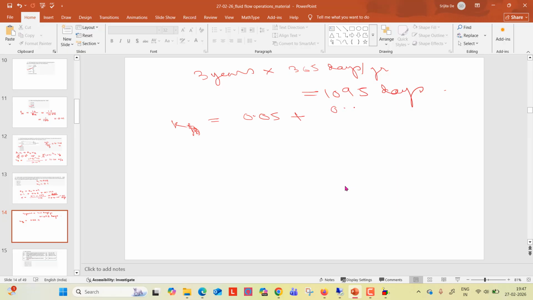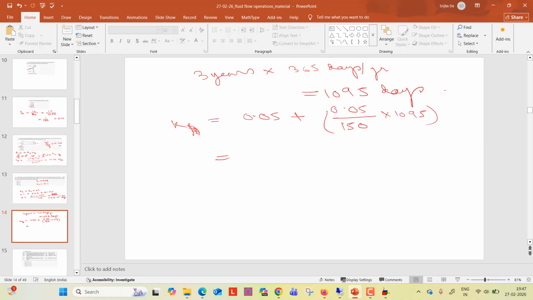Now with this rate you want to use it for another 3 years. So 3 years into 365 days per year, it is a total of 1095 days, right? And this linear growth will be happening. K final, K initial now is 0.05 plus alpha, which is 0.05 by 150 into 1095, right?